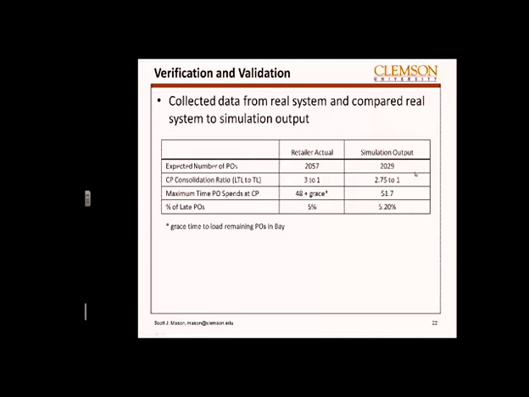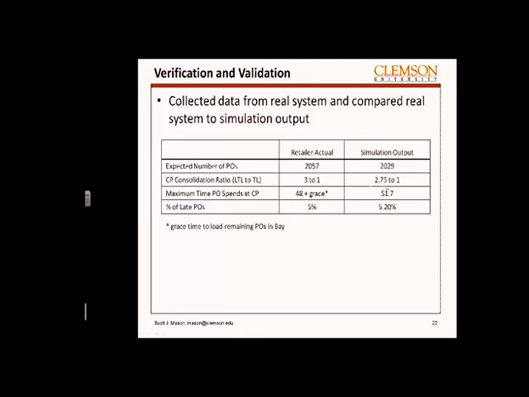You'll notice our simulation model's quite accurate. It actually performed very well. I mean, here we're talking within a few percent. They expected 2057, and through our random process, generating the demand and the number of purchase orders in a shipment and how shipments come based on different times of the day, we generated 2029.